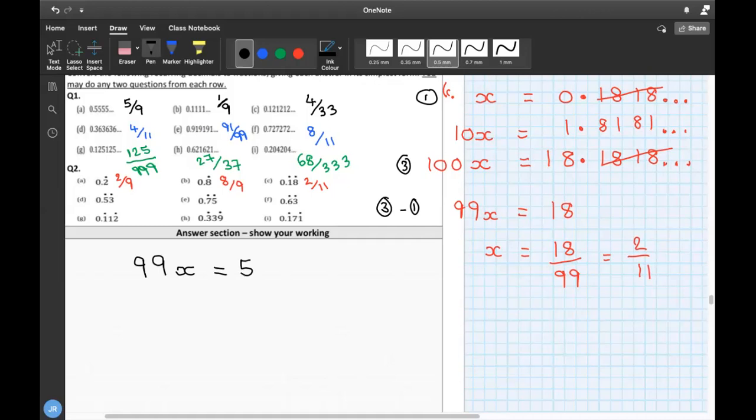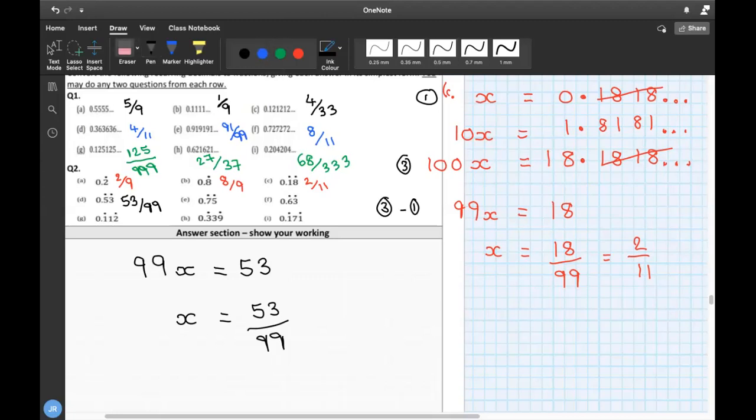So we'd be left here with just 53. Now you need to solve your equation. Divide both sides by 99. And this was question 2D. Yep, and we cannot simplify that any further. So your final answer there is going to be 53 over 99, or 53/99.